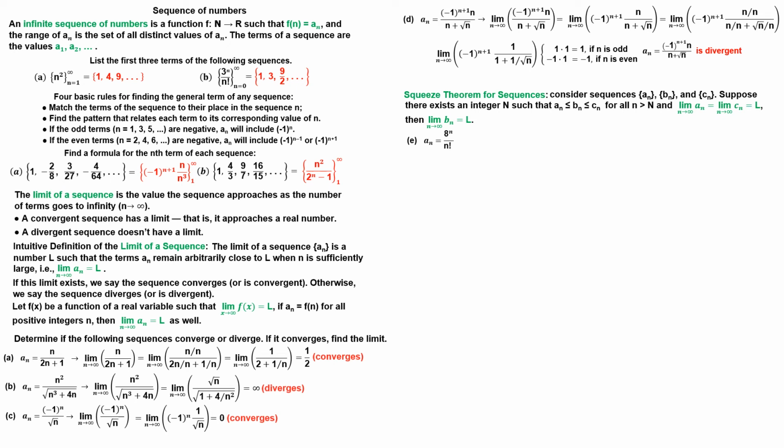One function must be less than or equal to the nth term, and the other function that we must choose must be greater than or equal to the nth term for all n. So we know that 0 is less than or equal to the nth term. We now expand the sequence.